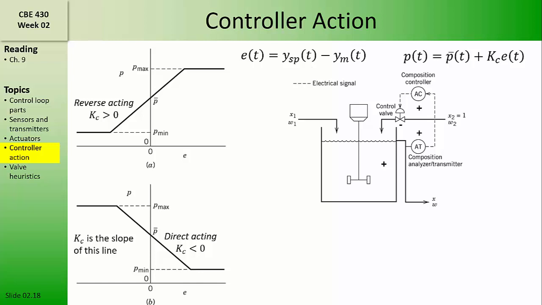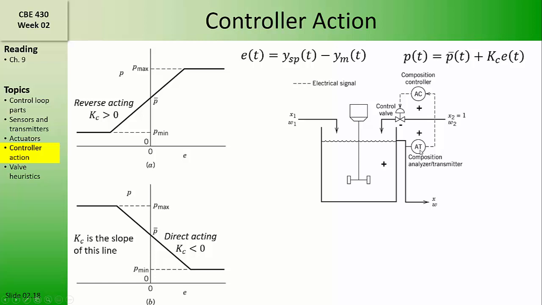To ensure that the controller provides negative feedback, consider what happens at each element in a feedback control loop. Here we'll consider a composition controller on a blending tank. Assume that the composition analyzer transmitter has a signal that increases when the composition of the stream it's measuring increases.